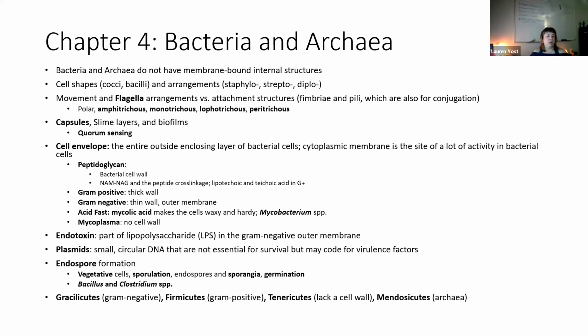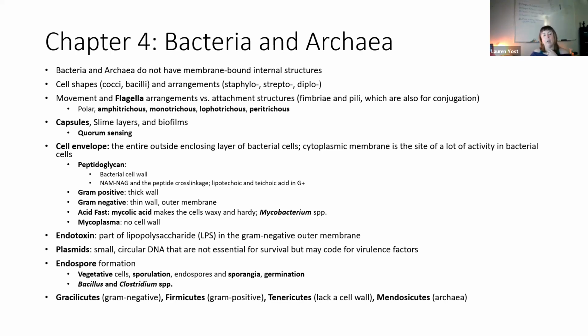Then we did talk about classifying organisms. We talked about Bergey's manual a little bit, and identifying species based on a lot of different characteristics, whether phenotypic like biochemical tests or genotypic like gene sequencing.